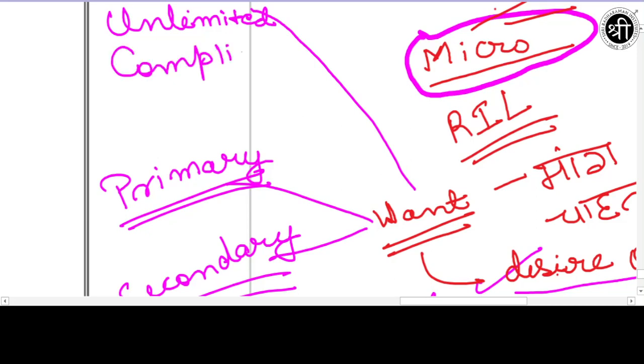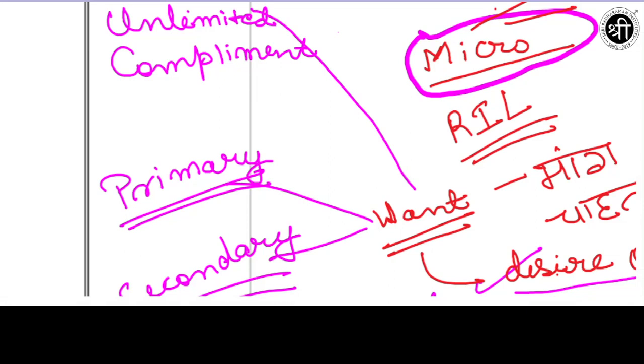Means you can complement one want for the other. Complement means that two wants can exist together. Like if you want a car, then you will also create a want for petrol. So the want for a car automatically creates the want for petrol. Therefore these two wants are complementary.